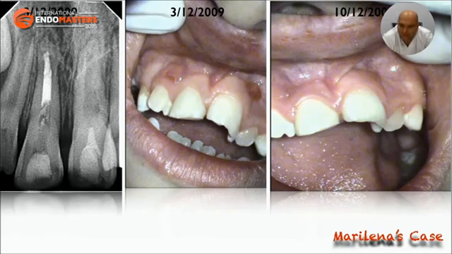Disinfection was achieved with 2% chlorhexidine rinsing up to the level of the vital tissue. Bleeding was induced from this level and MTA was placed over the blood clot at the site of my access cavity. 1 week later, both sinus tracts disappeared.